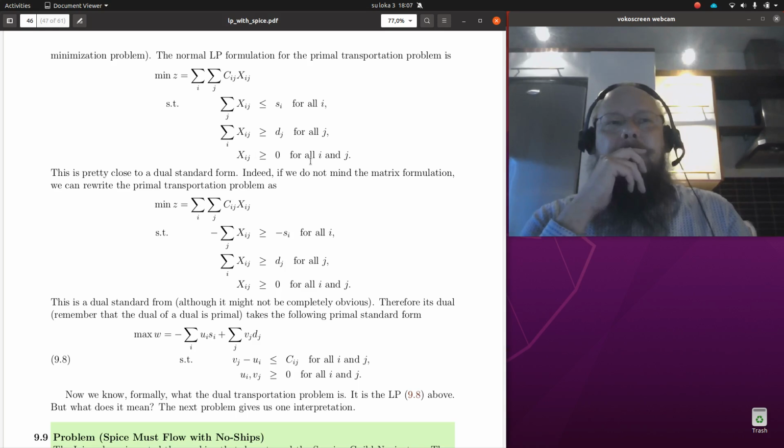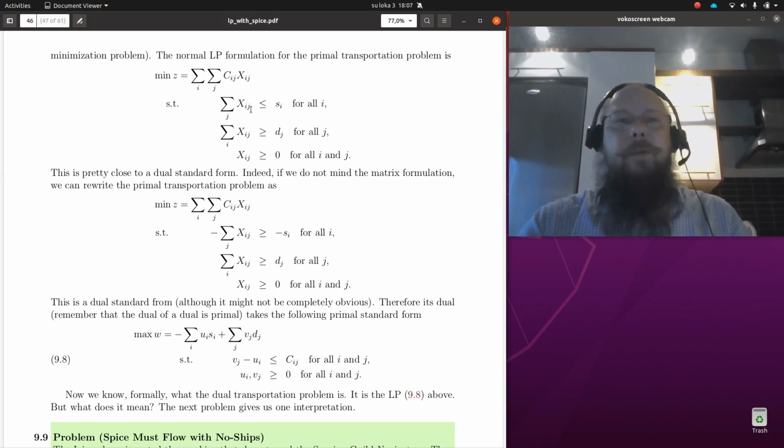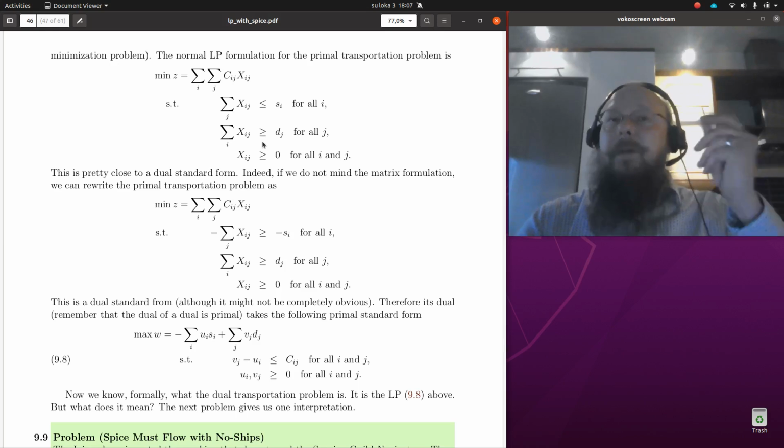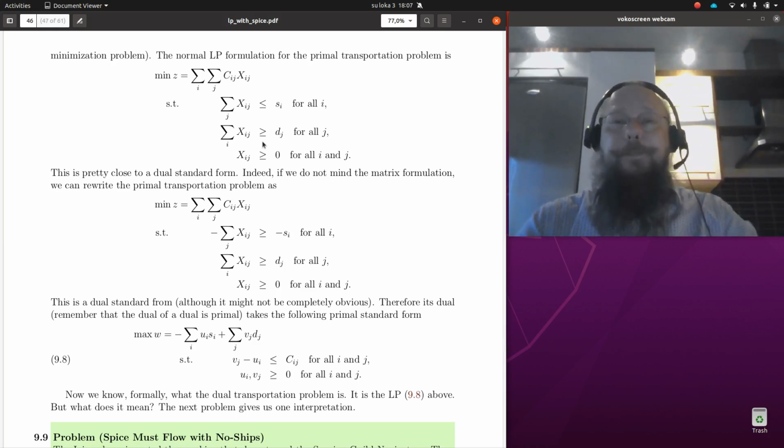Putting this in the standard primal form is not a good idea because it's a minimization. So let's transform this into a standard dual form, and then the associated standard primal form is the dual of the dual. We keep the minimization as it is, and the only problem is that these are upper bounds, so let's make them lower bounds. This is done simply by multiplying by -1.